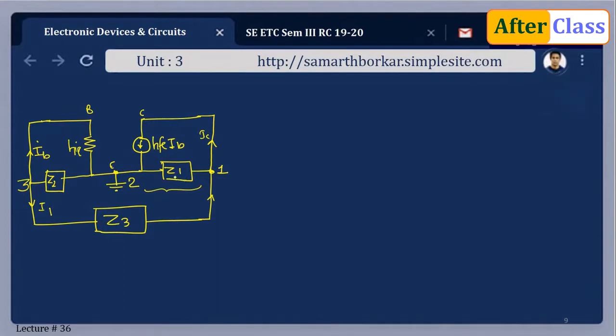Fine. So the load impedance between the output terminals is given as ZL. Try to understand this. Z1 in parallel with the series combination of Z3 plus the parallel combination of Z2 and HIE.